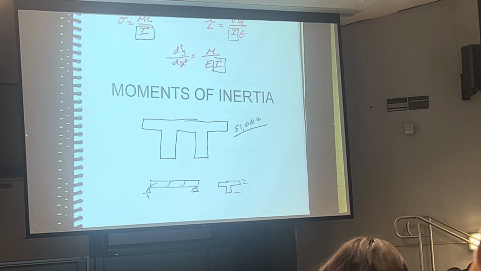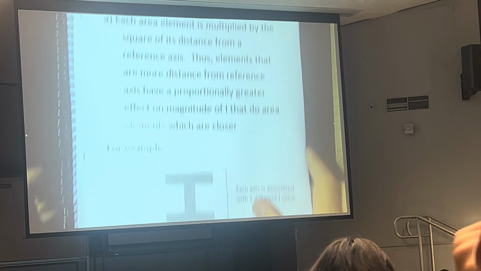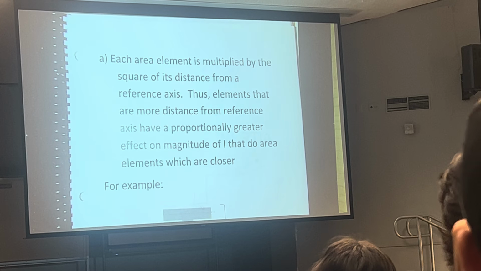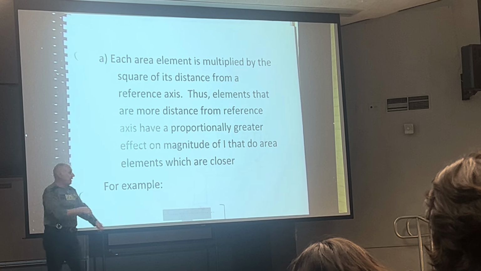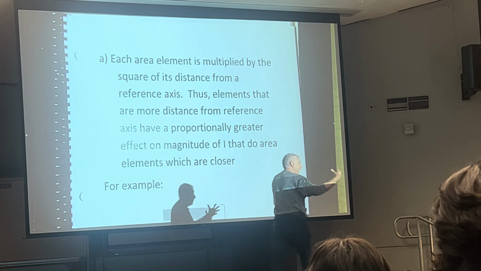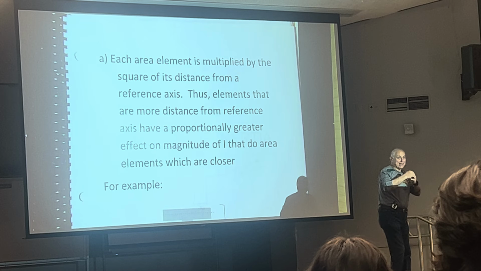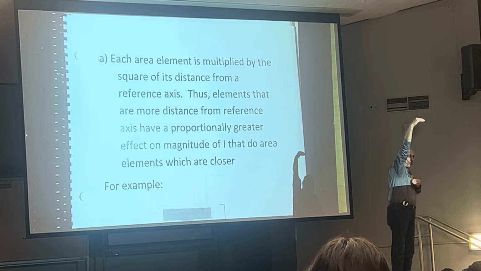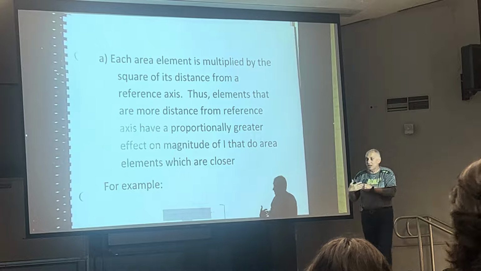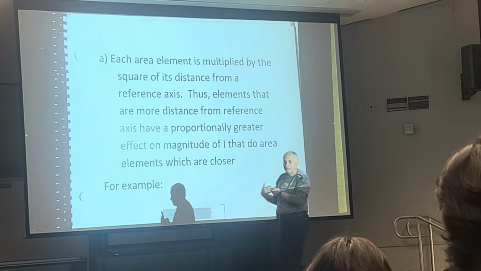Okay? So look at it this way. You're looking at y squared dA, x squared dA. You're taking a distance and squaring it. So if I can make that distance further and further away from the axis, it's going to contribute a huge amount to the I value.